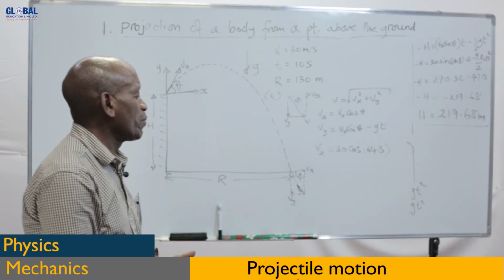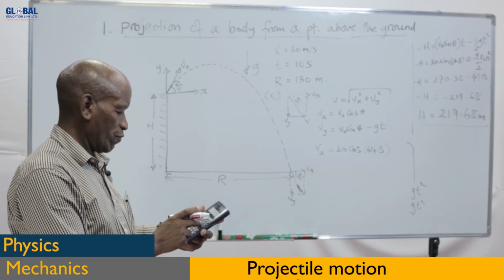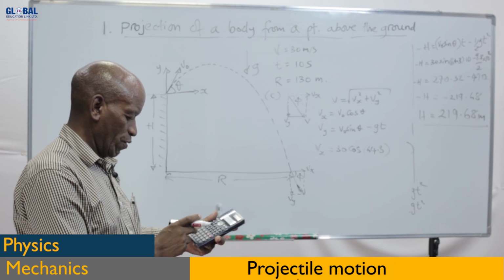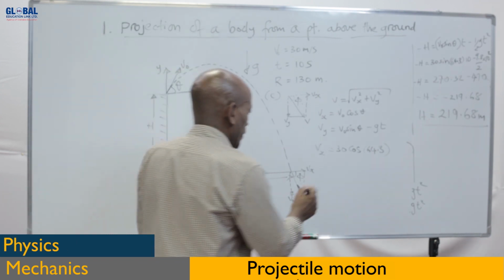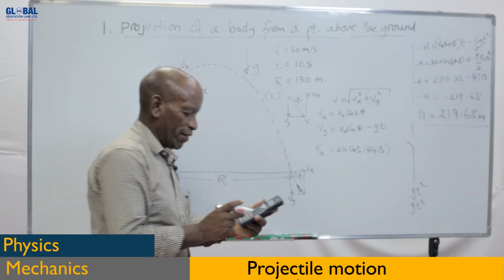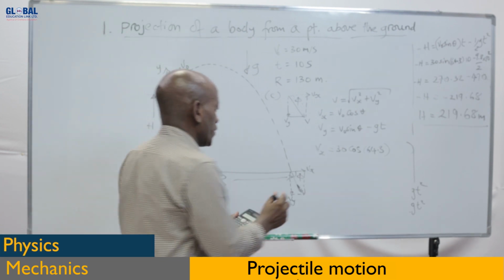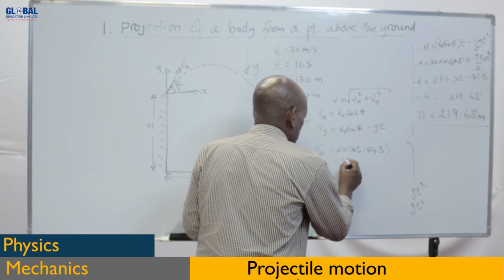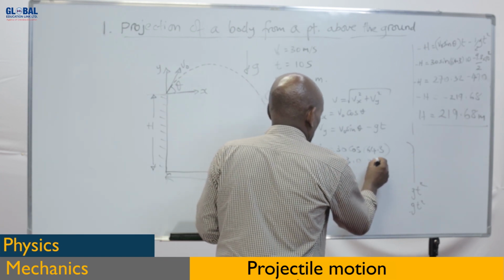So we compute the cosine of 64.3, which is equal to 0.433, and we multiply by 30. If we multiply by 30, we get 13. So the vx is equal to 13.0 meters per second.